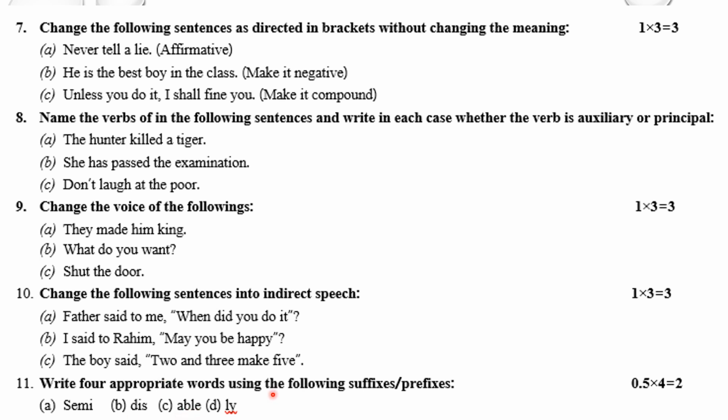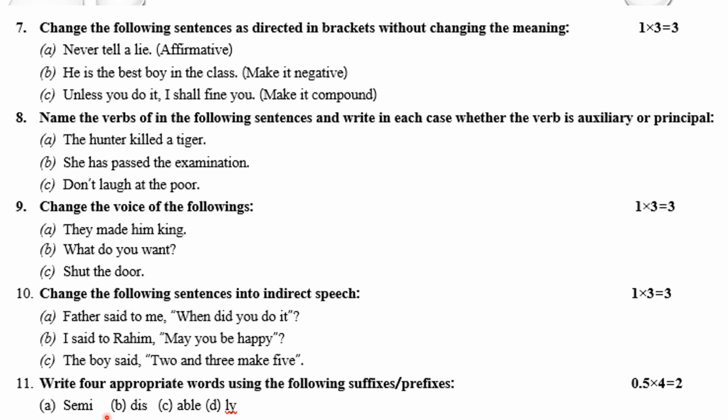Number 11 question. Write 4 appropriate words using the following suffixes and prefixes. These are the suffix, prefix, synonym, antonym. By practicing this topic, we can enrich our vocabulary power, and there are some examples to complete the answer. Semi, and you have to use suffix or prefix: semi-vowel, semi-final, semiconductor.